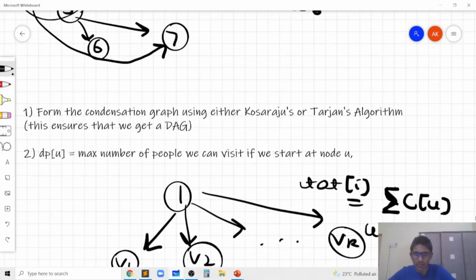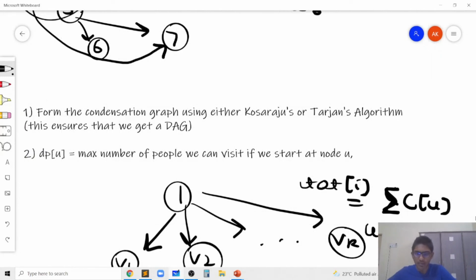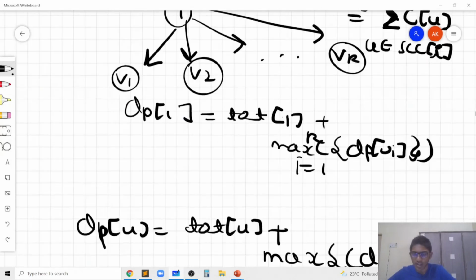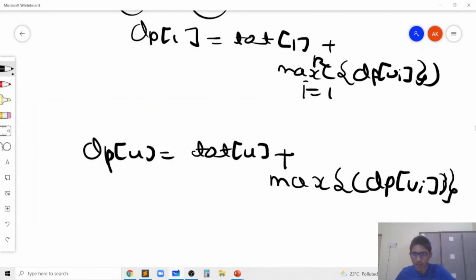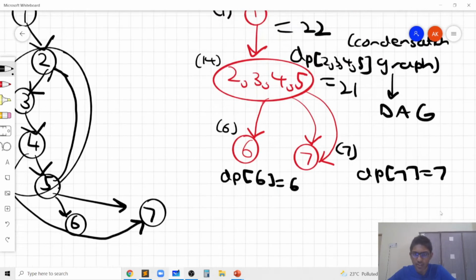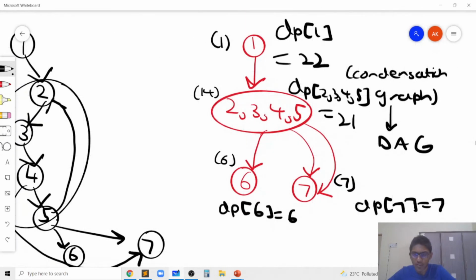After we form the condensation graph, we'll need to add these edges. I'll show you in the code how we do that, but this is the general idea: we compute dp of u as max dp of vi plus tot of u, and that's basically the idea which I showed you worked for the example.